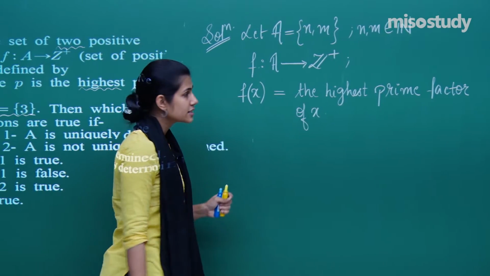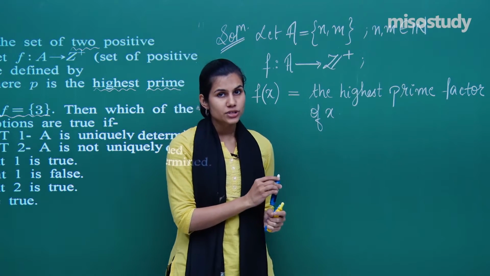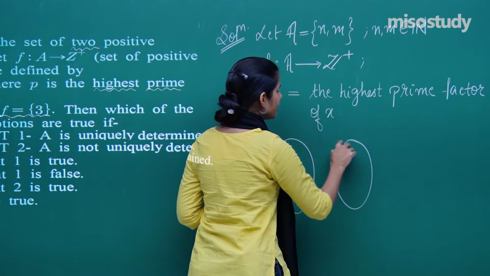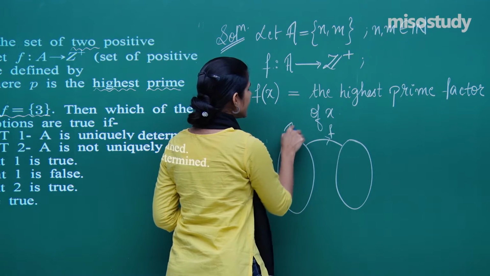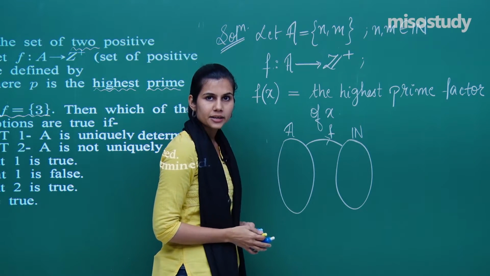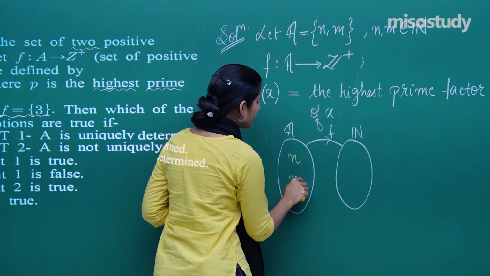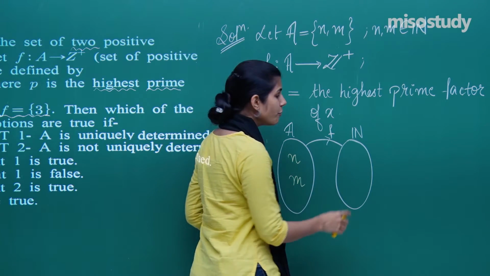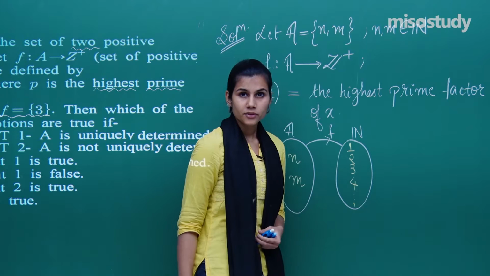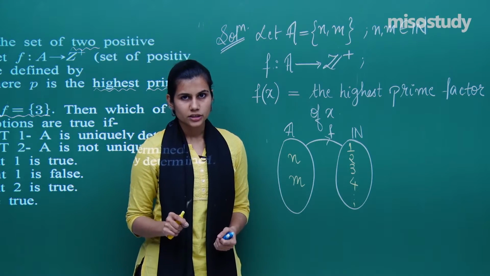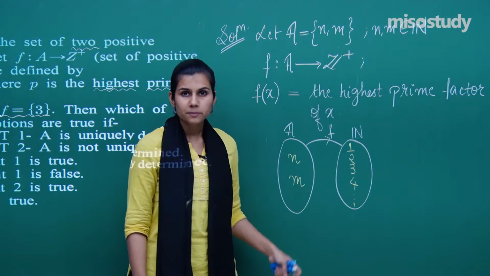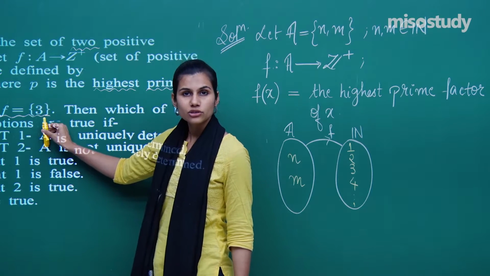Now that I have this, let's see one more fact which is given to us. Because this function, yes, definitely is from set A to N, because Z plus is nothing but N. Inside A I just have 2 members n and m. Inside N I have so many natural numbers, 1, 2, 3, 4 and so on. But the range of the function, which is the set of obtained outputs corresponding to all the inputs, is given to be just singleton 3.